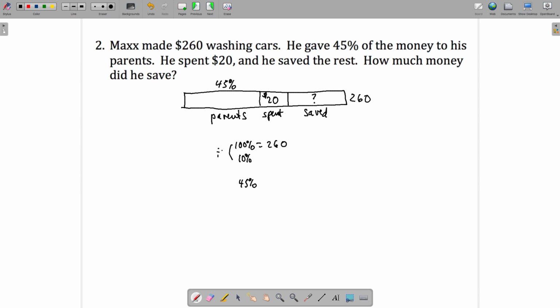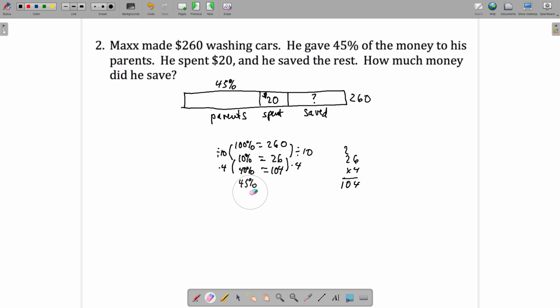So divide by 10. 10% of 100... dividing by 10 gives me 26. I could multiply that by 4 to get 40%. And 26 times 4, that's going to be 104.